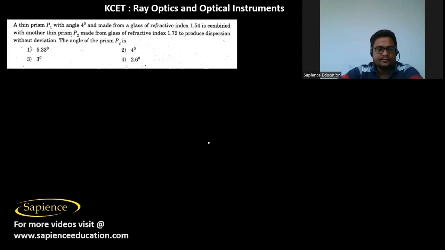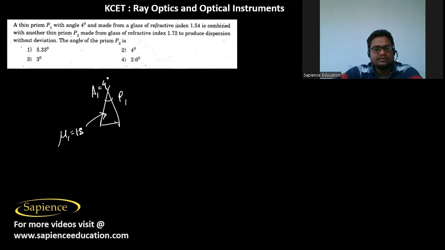Then it is told a thin prism P1, which has angle A1, which is 4 degrees and is made from a glass of refractive index mu1, which is 1.54, is combined with another thin prism P2 made from glass of refractive index mu2, which is 1.72, and let's suppose the angle of the second prism is A2, which we have to find here.